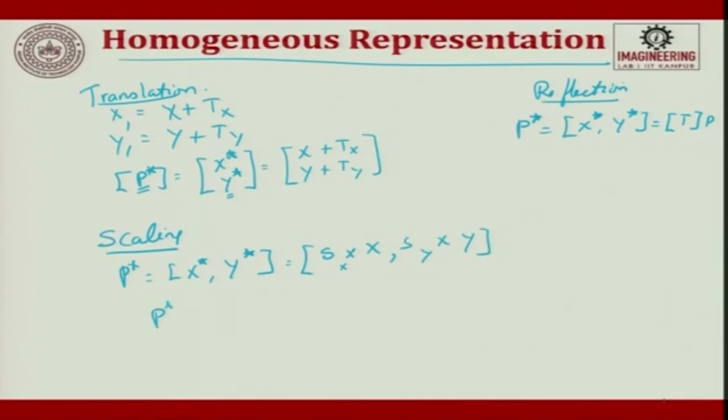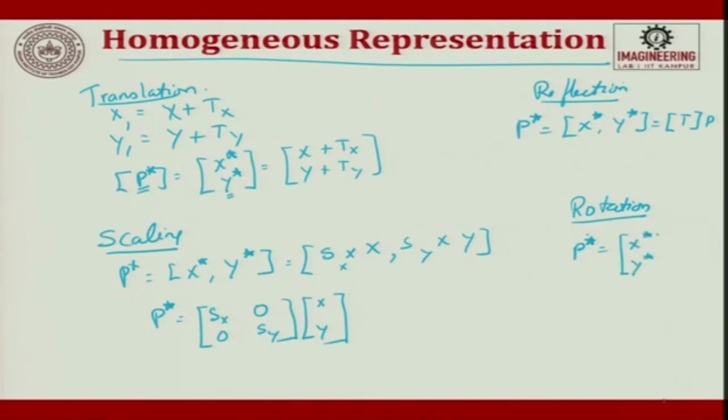This is represented as P with the matrix Sx 0 0 Sy multiplied by x and y. When we talk about rotation, P star is the matrix cos theta, minus sin theta, sin theta, cos theta, which will be multiplied by x and y.